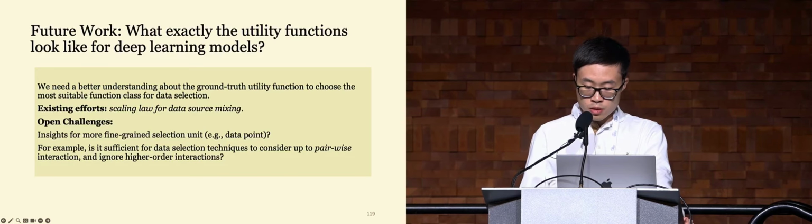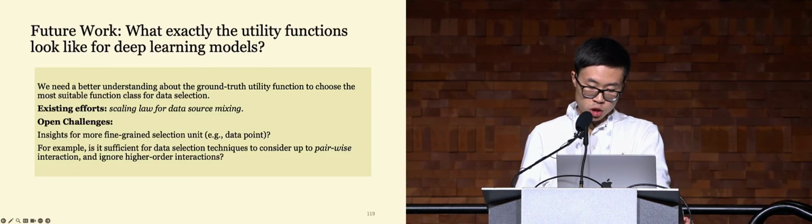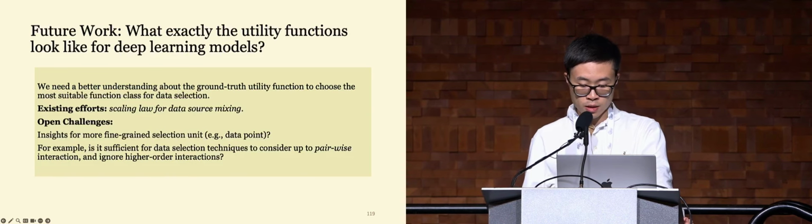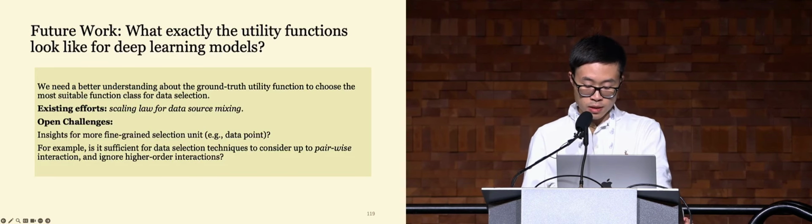As mentioned in the last part of the tutorial, there are already some existing efforts in studying the scaling law for data source mixing, and for the utility function defined over more fine-grained units, like the sample or data point level. Can we at least obtain some insights into its properties?